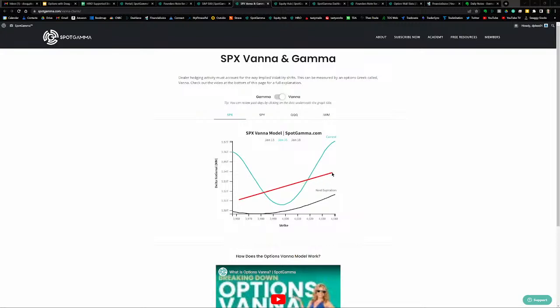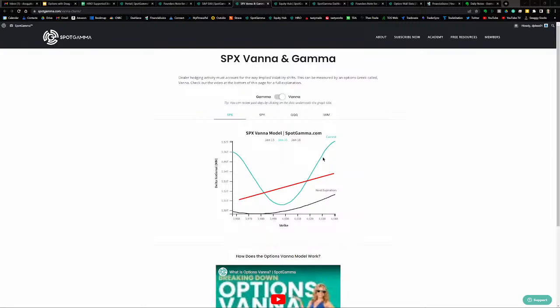Remember I said in a positive gamma environment, market makers' delta exposure increases as price increases, and they have to sell futures as price rises, and then they can buy back those futures as price decreases. So in this case, they are trading against price action, and that tends to subdue volatility in a positive gamma environment.